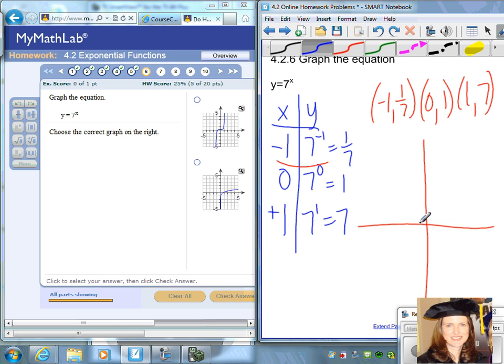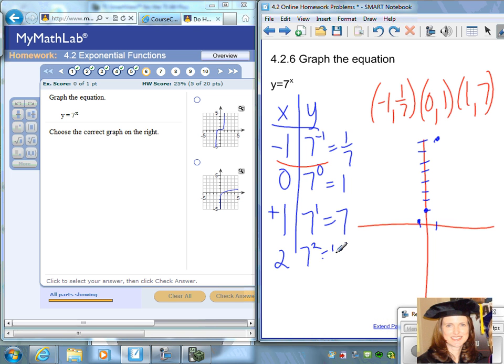We are going to plot a couple points: -1, 1/7, really close to the x-axis, 0, 1, and 1, 7. Now these 3 points kind of curve around. You can plot even more points if you want to be sure what the graph looks like. If you plug in 2, you get 7 squared, which is 49.